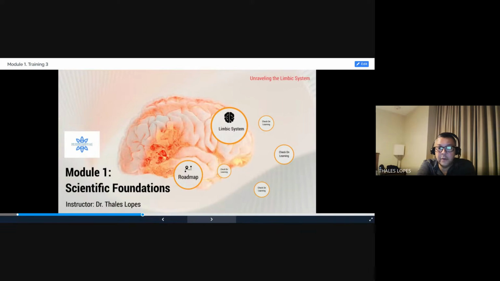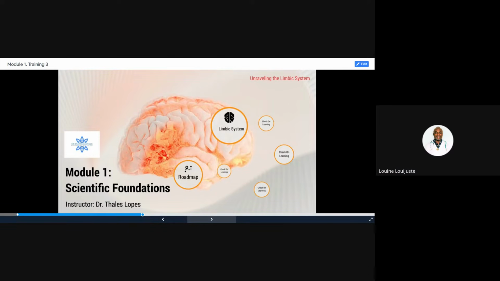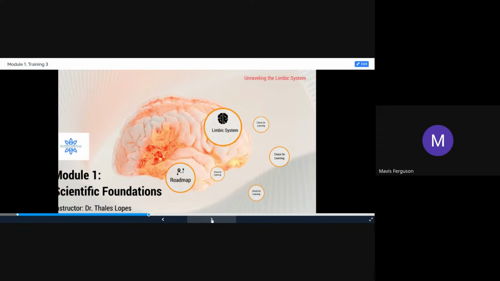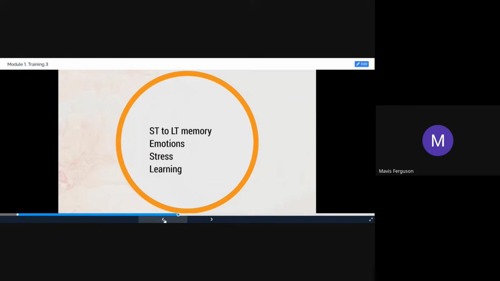Go ahead, please ask your question if you do have one. I had a question regarding, will they ask what particular area of the brain the hippocampus, amygdala, thalamus, and hypothalamus are in? No, definitely not. Was the amygdala located in the parietal lobe?